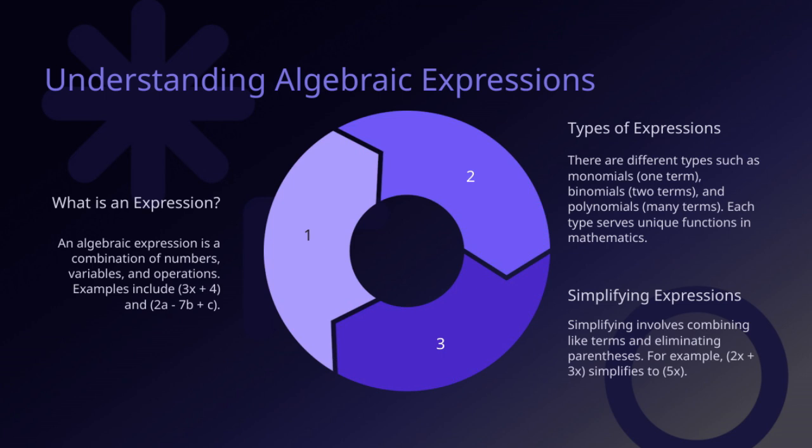Remember, combining like terms is a crucial step in simplifying, and eliminating parentheses is often necessary to fully understand the expression. This process is fundamental in algebra because it allows us to work with simpler, more manageable expressions while solving equations or analyzing relationships.